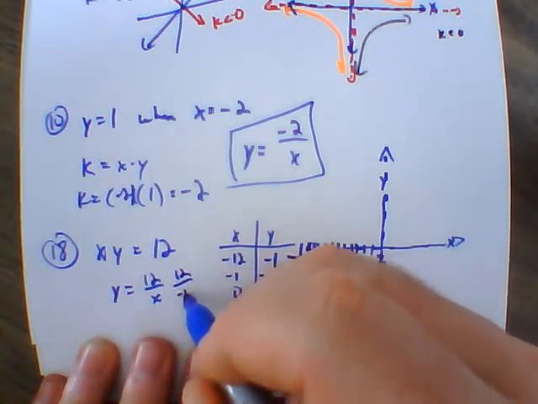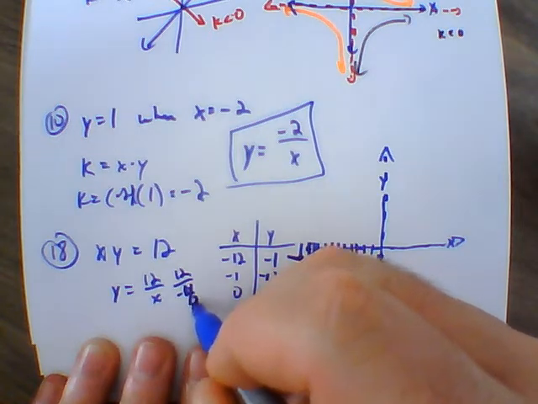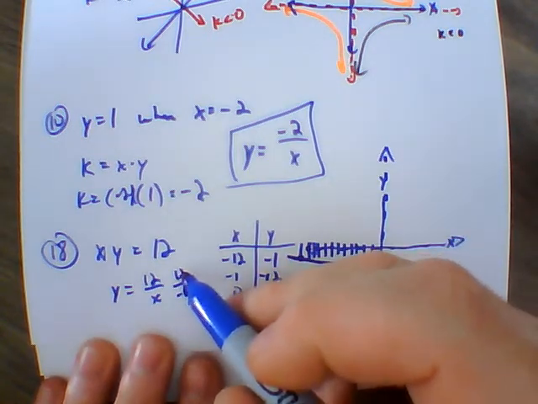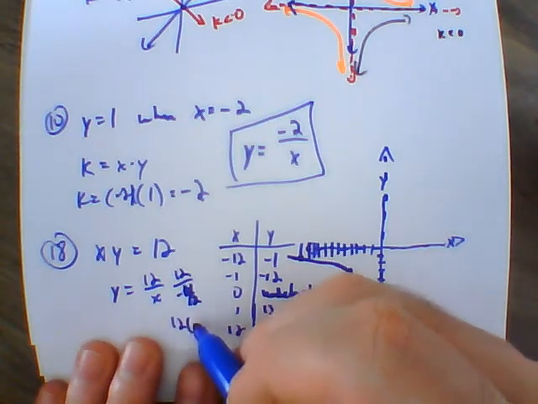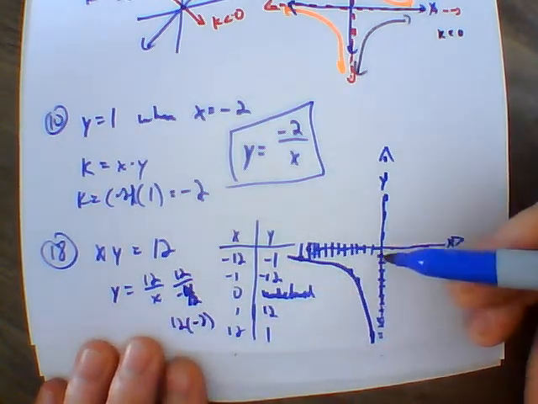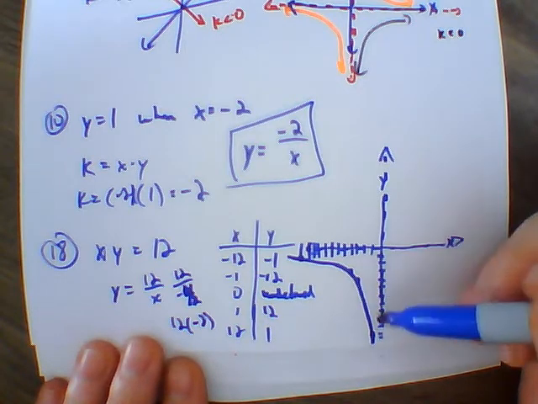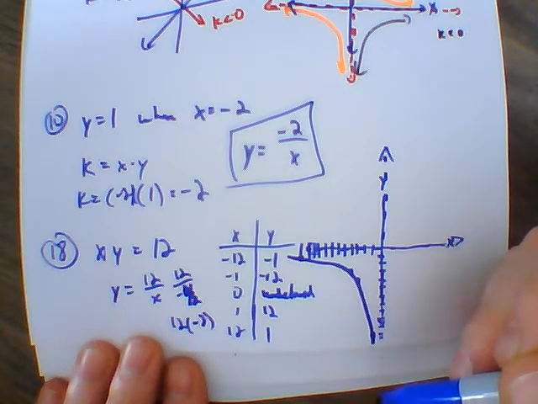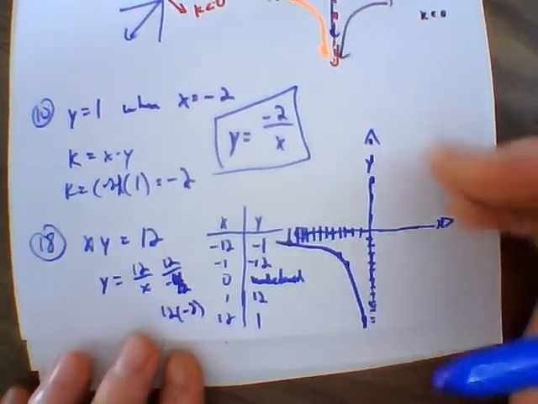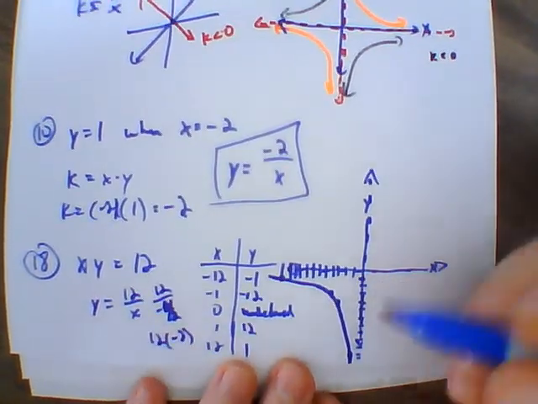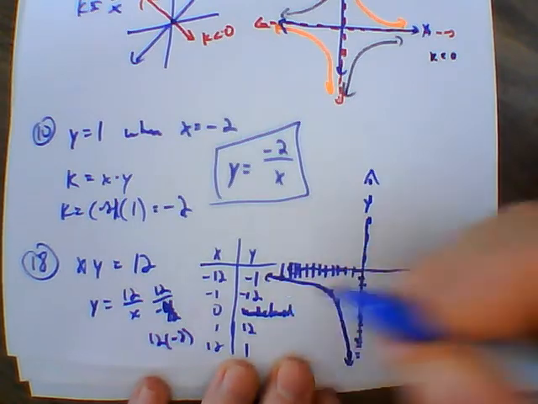If I take something and divide it by a fraction, that means I'm really multiplying by the reciprocal. So you see at negative 1/2, we get negative 24. That's way off on the paper here, and I better not write on my desk here. So we see that we just keep going down like this.